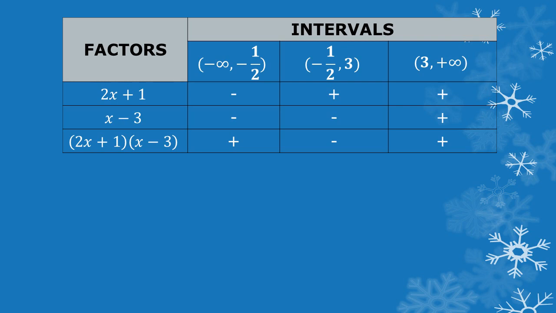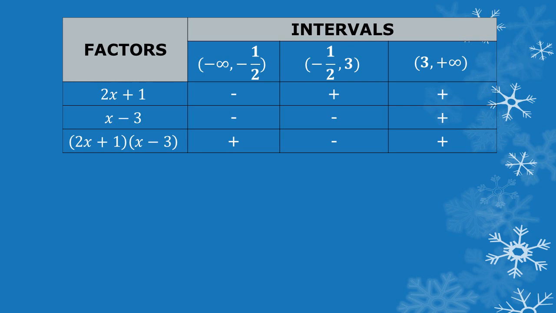So we'll have to find the signs. In 2x plus 1, in the interval negative infinity and negative 1 half, we'll have negative, while in x minus 3 we'll have also negative.